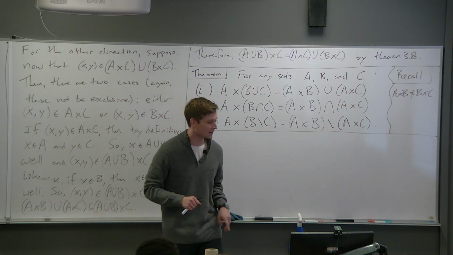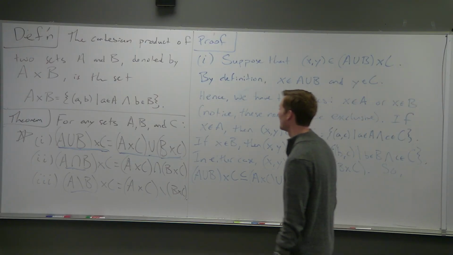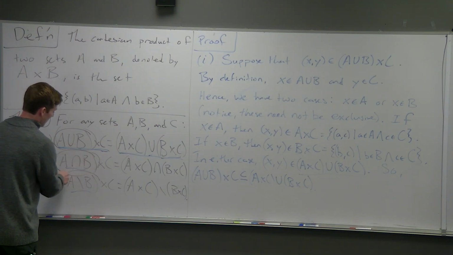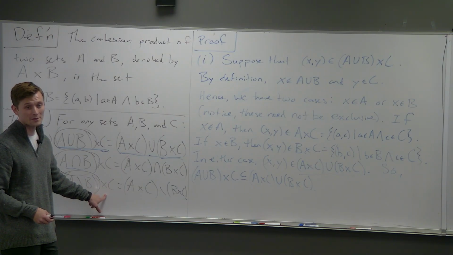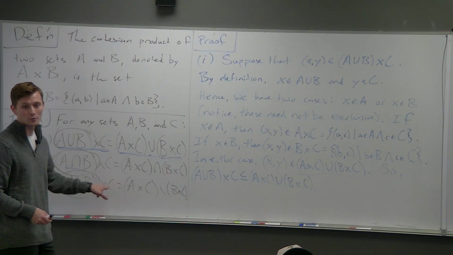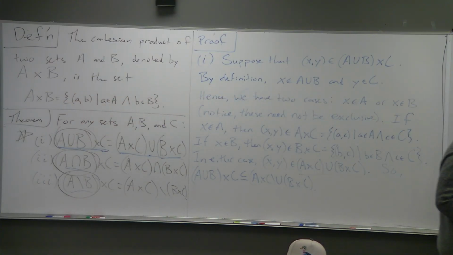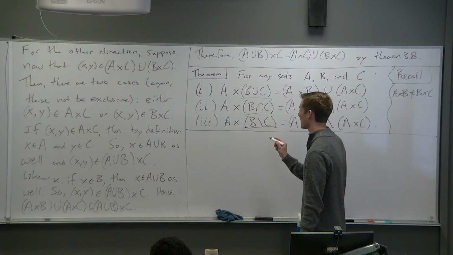In the previous one, I point out that all of our unioning and intersecting and set minusing is going on before the x, before the Cartesian product occurs, in the first slot of the two potential things. So in the second one, it is effectively the exact same statement, but now everything is in the second slot.